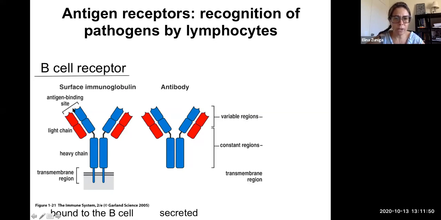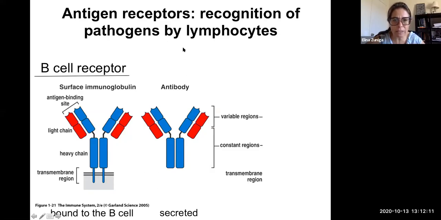Okay, the difference between the B cell receptor and the antibody that is secreted by the plasma cell, the effector B cells, is that the antibodies lack the transmembrane region. All the rest is identical, okay?